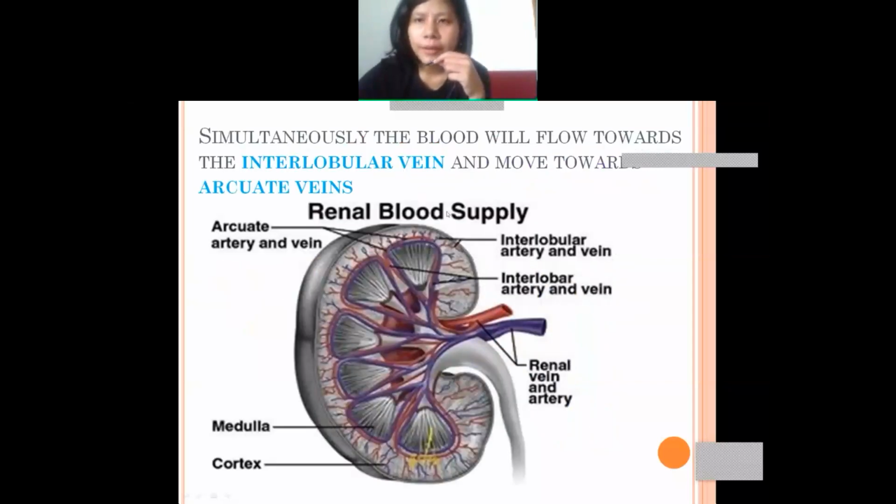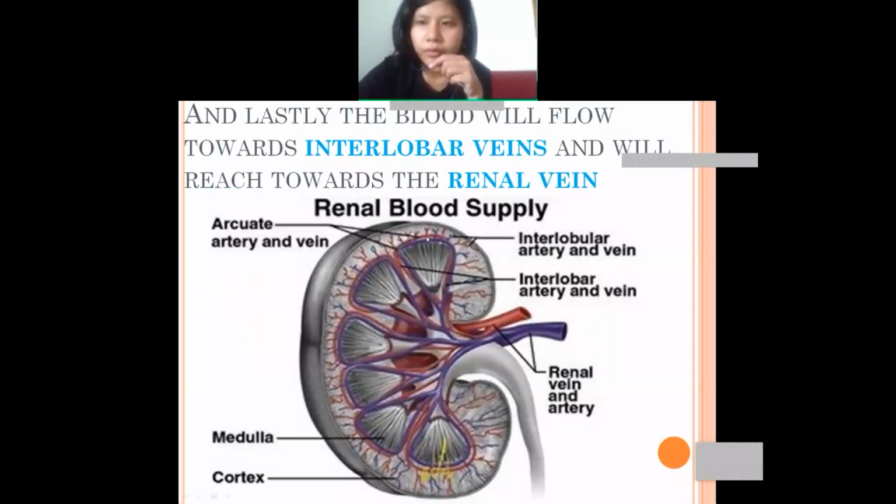After the peritubular capillaries, the blood will flow to the interlobular vein. This is the interlobular vein, and afterwards it will flow towards the arcuate veins, and then again towards the interlobar veins. All these are the interlobar veins, and finally they will come through the renal vein.